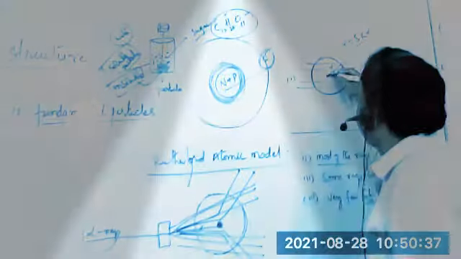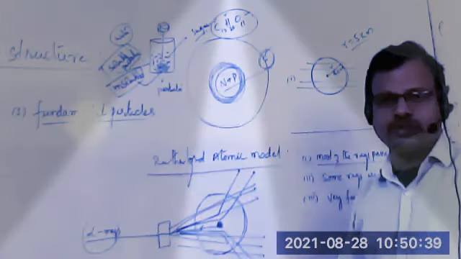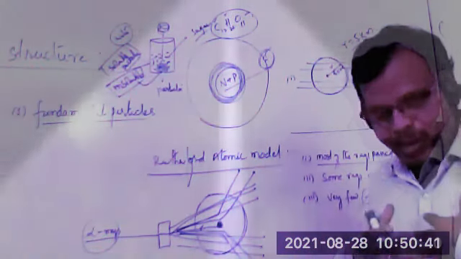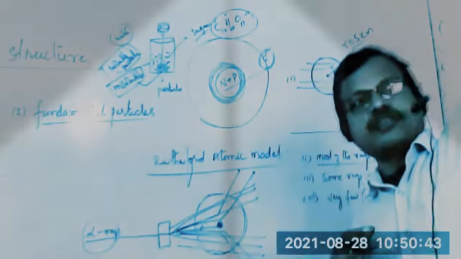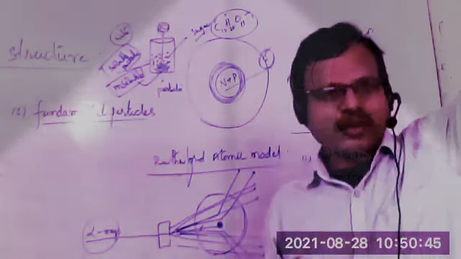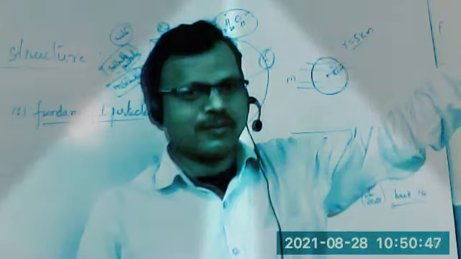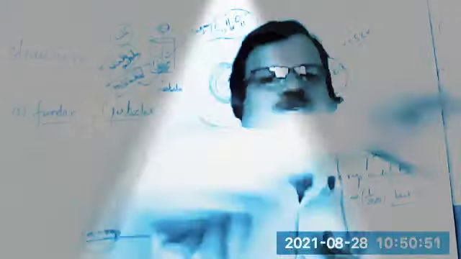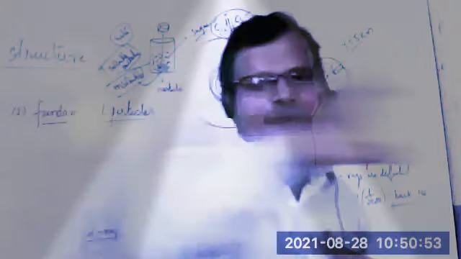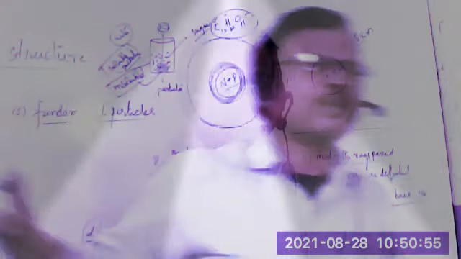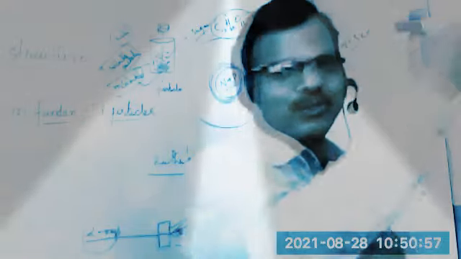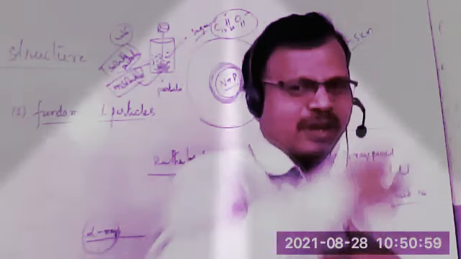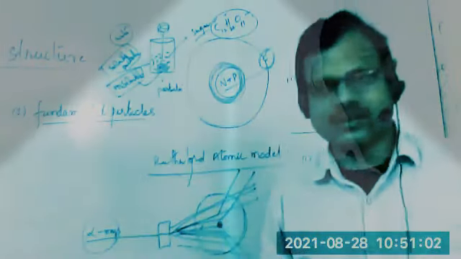Because there is more space. You can understand: if I am the ball and the boundary is 5 kilometers from me, the remaining part is empty. So anybody can move in the distance between me and the last electron.